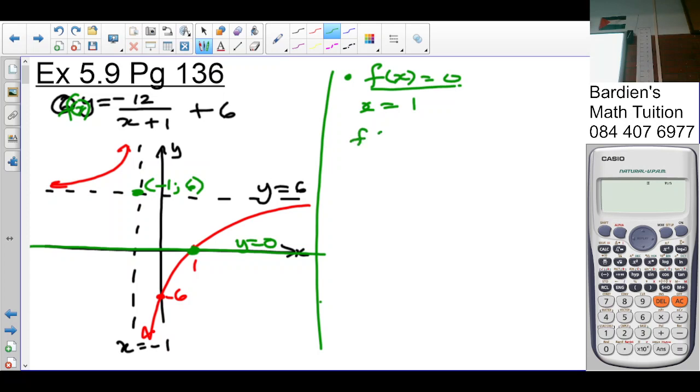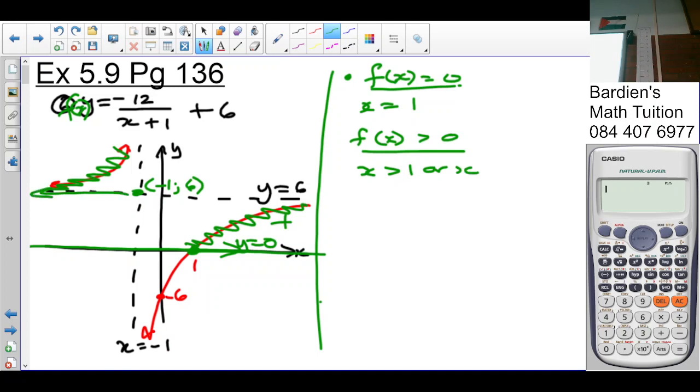Where is f of x more than 0? So in other words, where it is above the line. Is it including that line? No. So it's this part of the graph and that part of the graph. Can you see that? That's above that line. So in other words, x must be more than 1, or x must be less than negative 1.